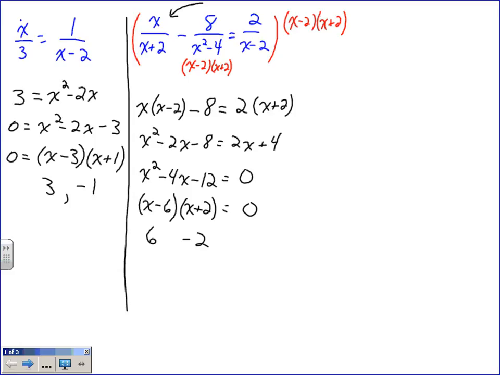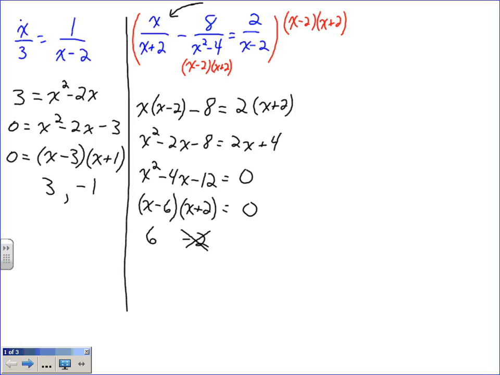Negative 2 I can't use, because if you look at the original problem, if I put in negative 2 for x, I'm going to get 0 in the denominator. So even though it's a solution, that solution doesn't work. Do you remember what we call that? Extraneous, very good.